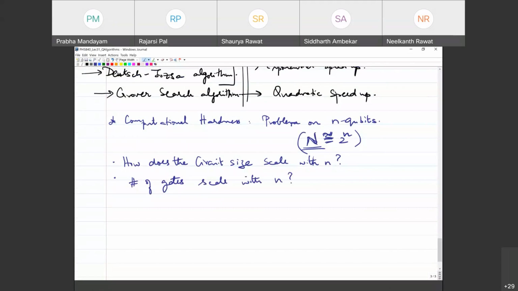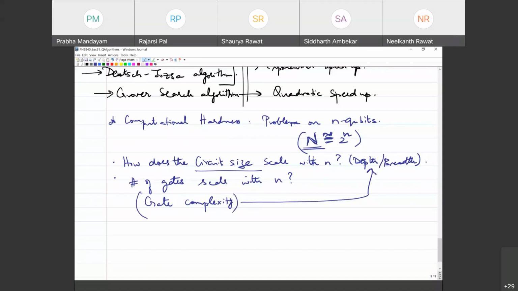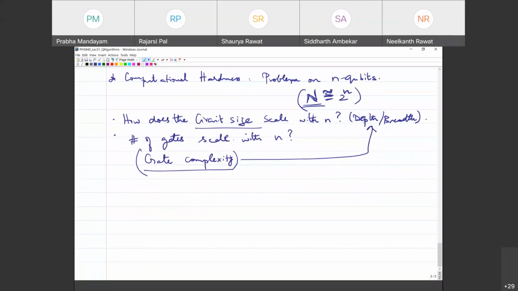You could either talk about circuit size, and when you talk about circuit size, you could talk about the depth of the circuit, or you could talk about the breadth of the circuit. Or you can talk about what is called gate complexity, which is how many gates do you need? How does that scale with n? Of course, these two will be related, but it's often easier to just get a handle on gate complexity. And scale with n means how does it grow with n, right?